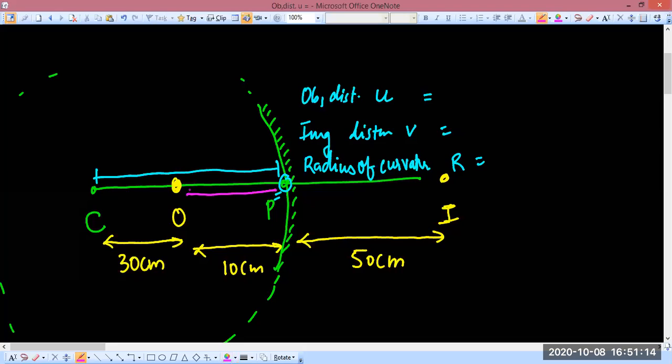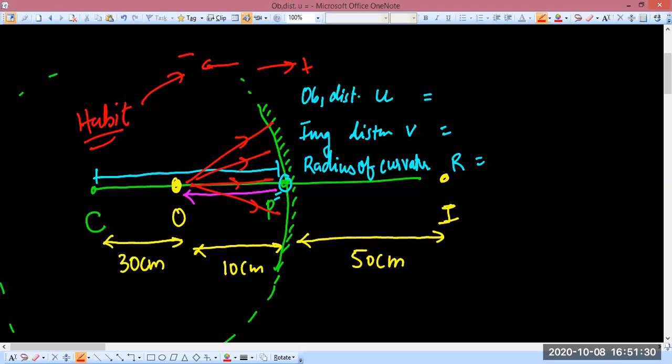Object distance is from P to O, because the object is here and light will come out from this object like this. Okay, so right side is positive, left side is negative. Make this a habit, everyone, it is a good habit. Whenever you draw a diagram, write plus and minus on top. Wrong, Krupa, your answers are all wrong.